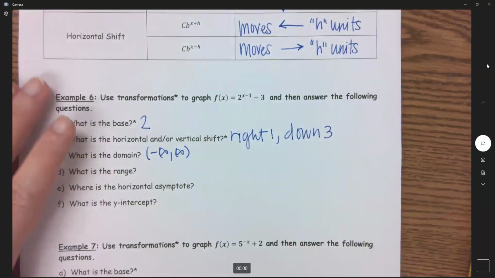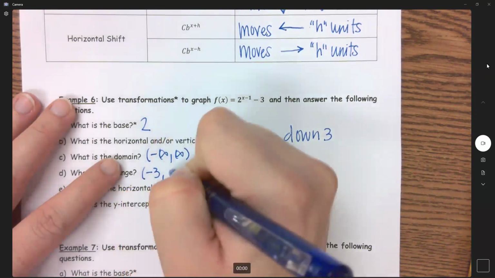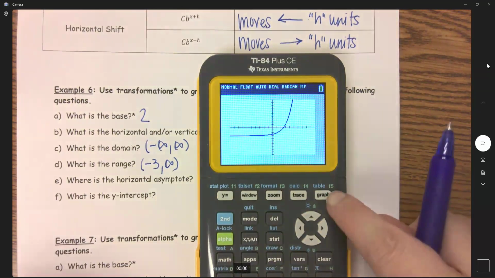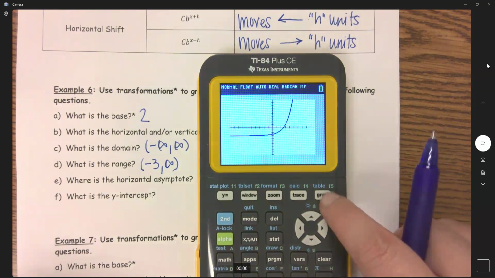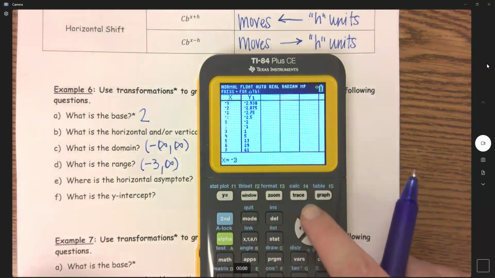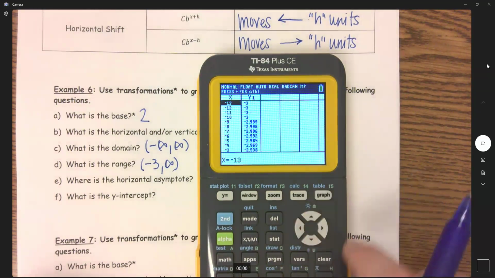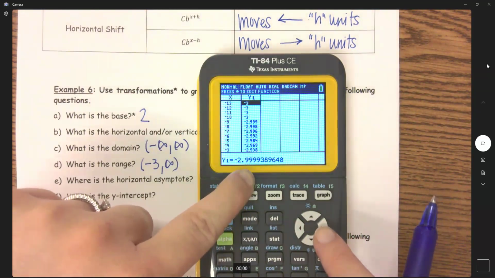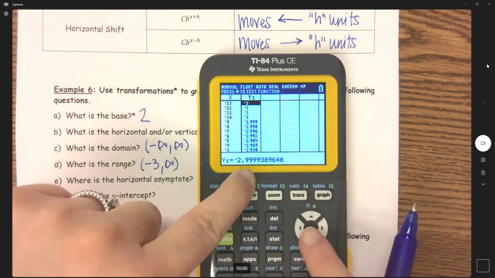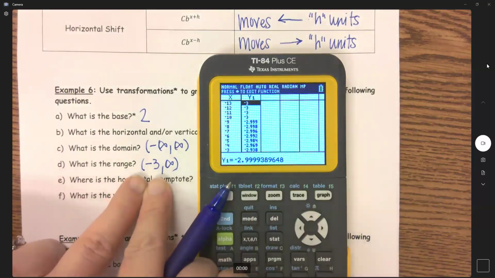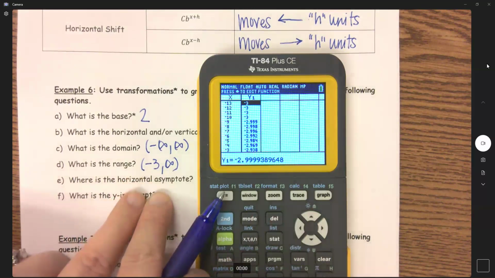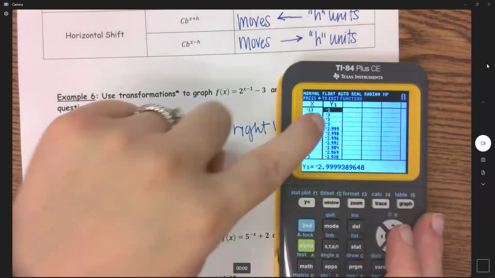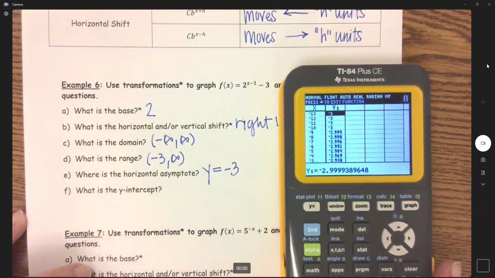So now my range goes from -3 to infinity, which you can kind of tell here. And if you look at your table and we go far enough over here, it's eventually going to say -3. Now, if you actually arrow over, it's not exactly -3, but my goodness, that is close, right? So it starts at -3, goes to infinity, because that horizontal asymptote has now been shifted down to y equals -3. That's what it's approaching, but not touching.